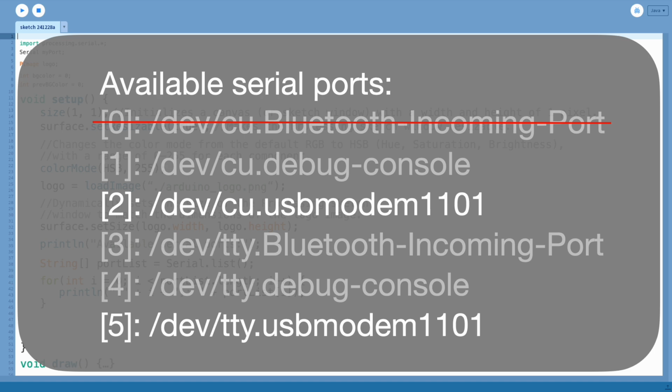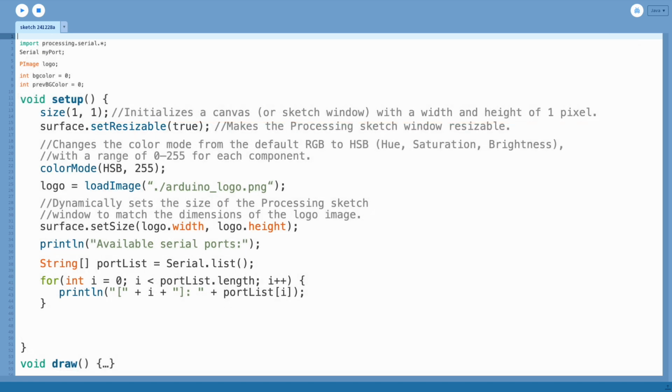And why that matters is because in the booklet, you'll notice this line of code where they talk about, just by default, using the serial list at 0. Well, that's the Bluetooth, and it would not work, so we're not going to use that. Incidentally, I know that this is it.